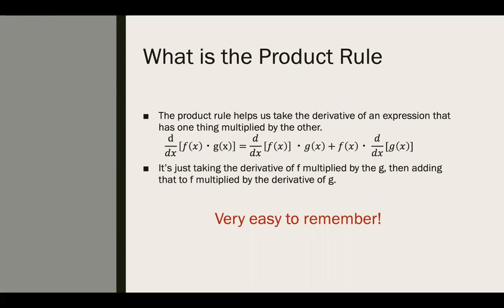The product rule is a very easy, straightforward thing. It helps us take the derivative of an expression that has one thing that is multiplied by the other. So if you're trying to find the derivative of any function, f of x times g of x, you're going to take the derivative of f of x multiplied by g of x, and then you're going to add that to f of x, the original function, times the derivative of g of x.